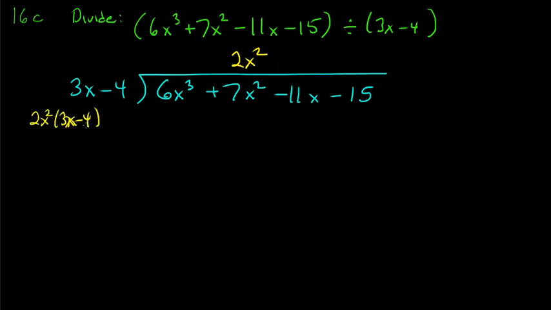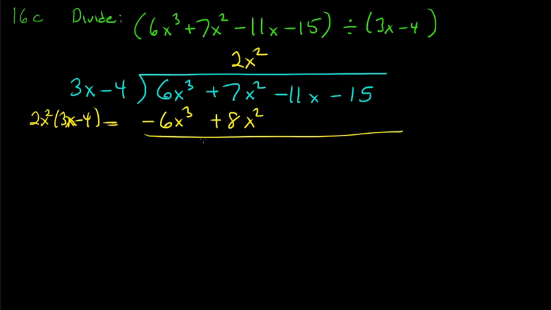When you distribute, you get 6x cubed minus 8x squared. And now flip the signs and add. That's step 3. Flip the signs, and when you add, you get 0 plus 15x squared minus 11x minus 15.